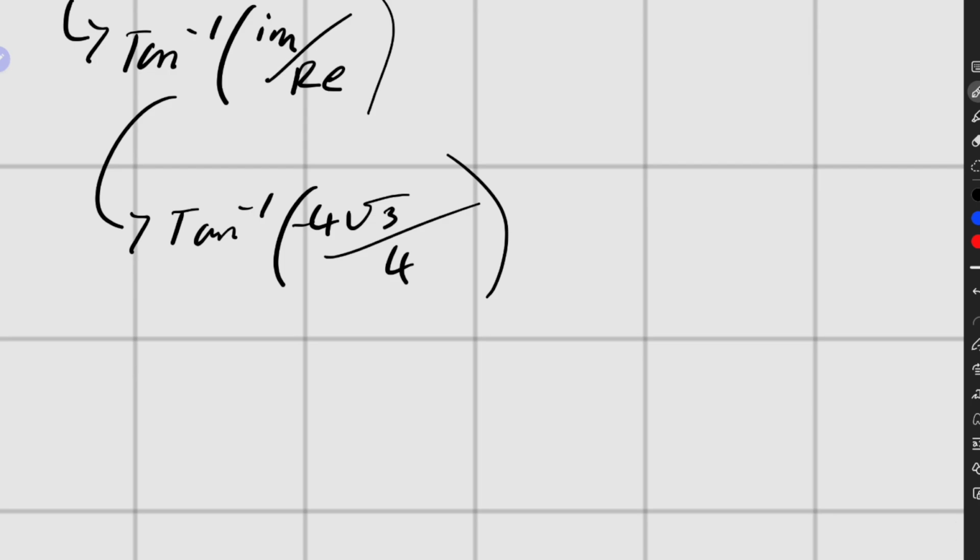So type that into your calculator. Make sure you are in radians, because when working with complex numbers we are always using radians, not degrees. So arctan of minus 4 root 3 all divided by 4, and that is going to equal minus pi on 3, right?